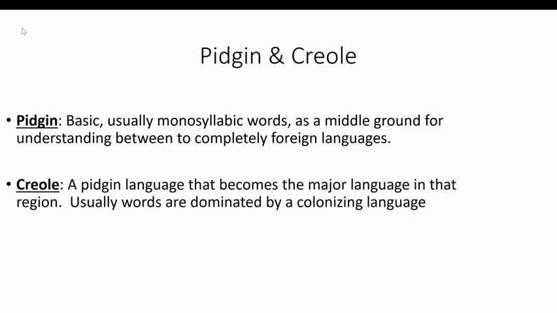Now Creole is then a completely different language, like English, that develops, and it probably starts as a pidgin, but as it develops over time, you don't have the colonizer's language necessarily, and you don't have the language of the people that are getting colonized, but you get almost like a third language that is somewhat different. English is a great example of a Creole because it's not Germanic and it's not French, even though there are elements of those languages in there.